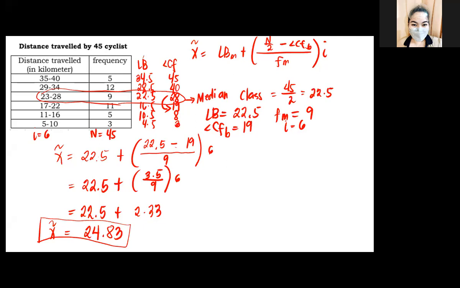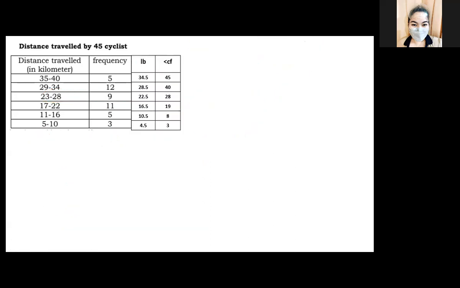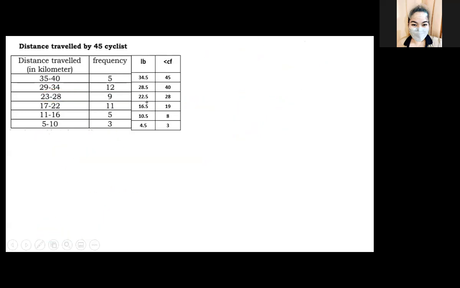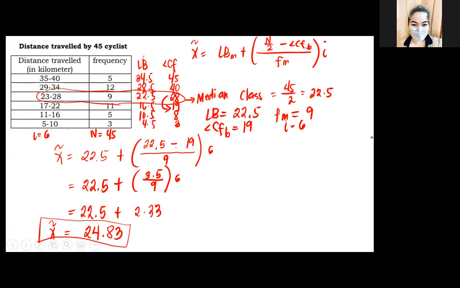So, since we are done with the median, nakapag-refresh na tayo ng median, we will proceed now to... dapat capital LB yan. Niliitan yung LB. Dapat capital eh.